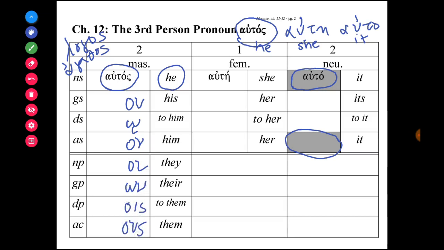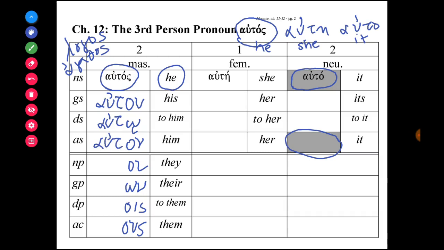If I were to add the pronoun stem, you will find that autos is "he," autou is the genitive singular, "his." The dative singular is autō, "to him," and the accusative singular is auton, "him."